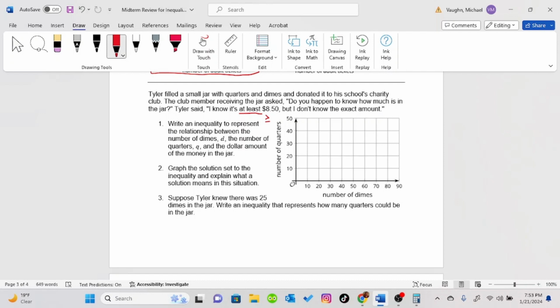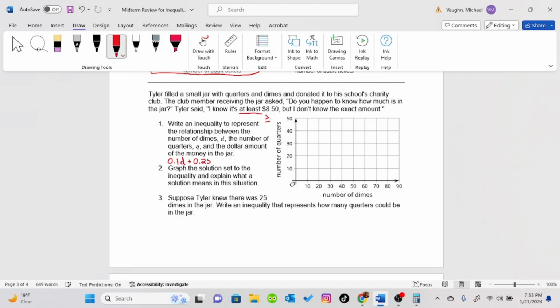Number 1 says write an inequality to represent the relationship between the number of dimes D. So a dime is worth 10 cents. So 0.1 times the number of dimes plus the number of quarters Q. A quarter is worth 25 cents.